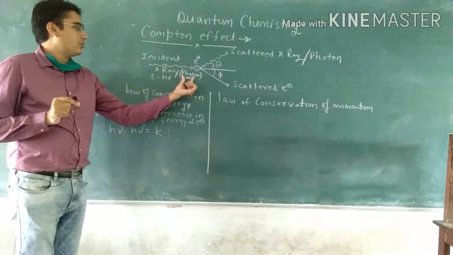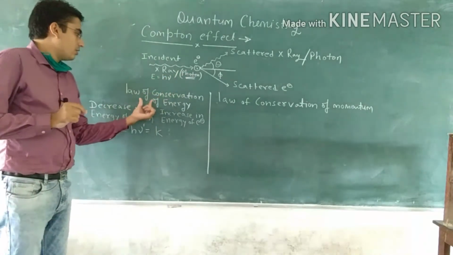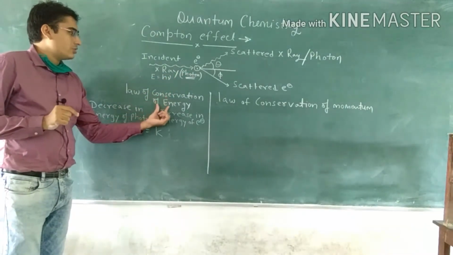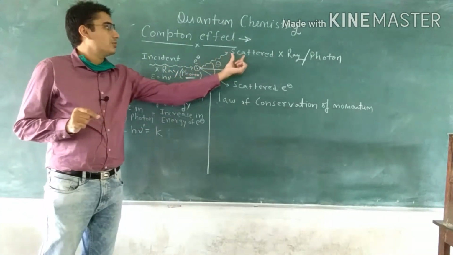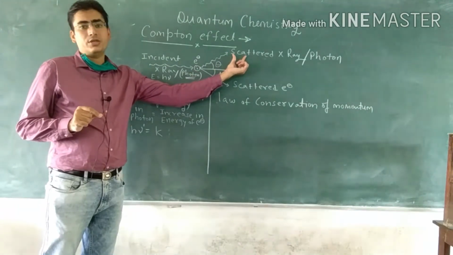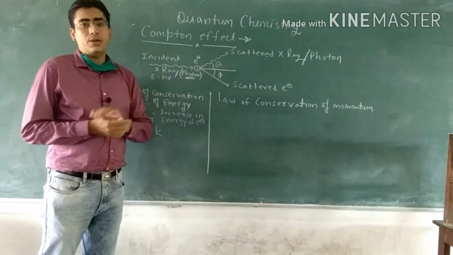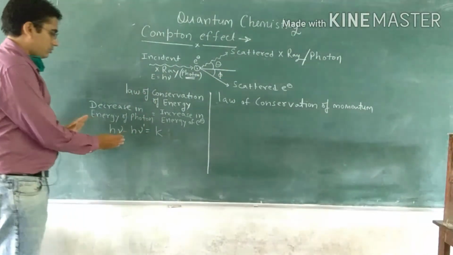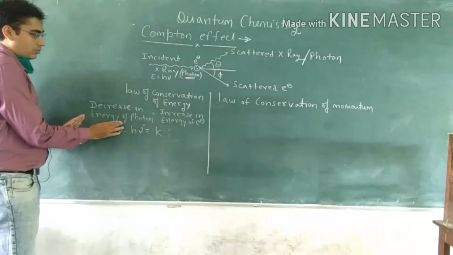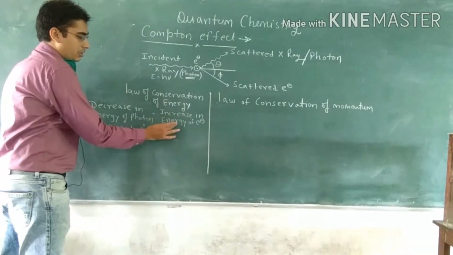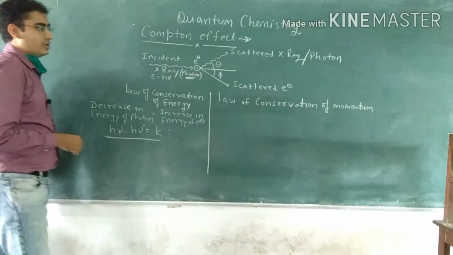X-ray is made up of photons, and energy of photon is E equal to h mu. According to the law of conservation of energy, after scattering of X-ray, energy of X-ray will become less and lambda will increase. Decrease in energy of photon is equal to increase in energy of electron. So this is the law of conservation of energy.